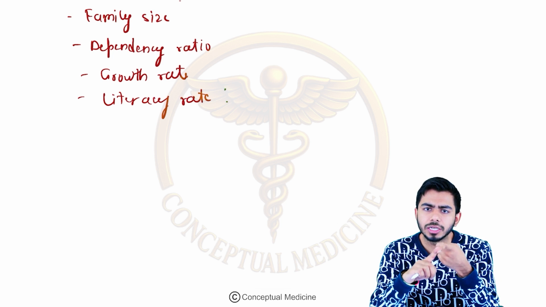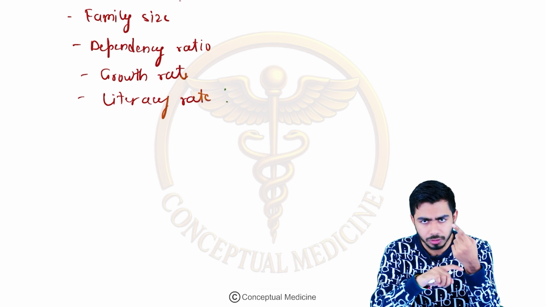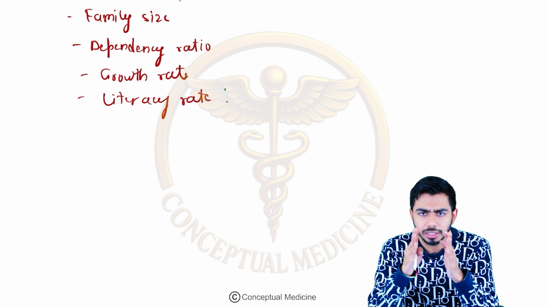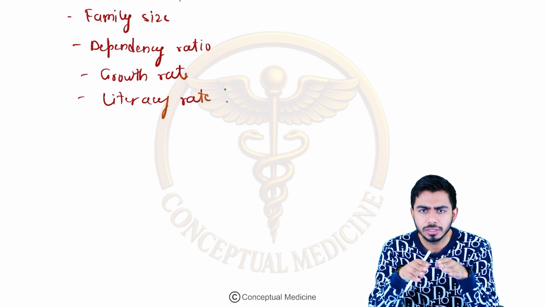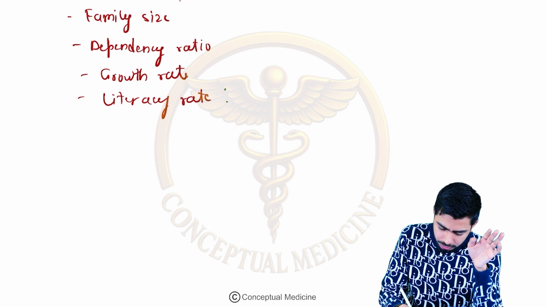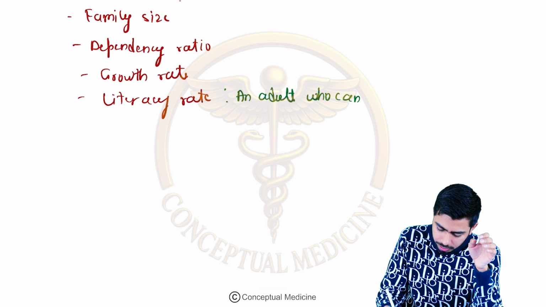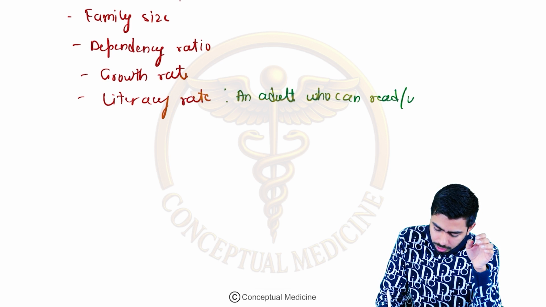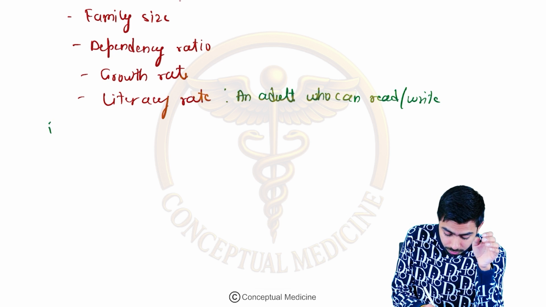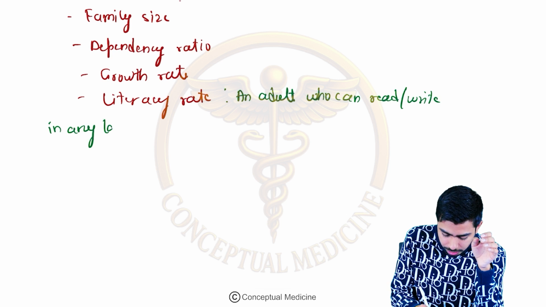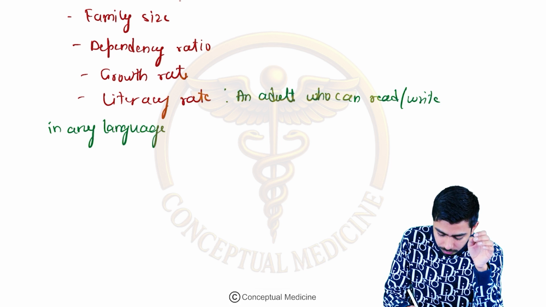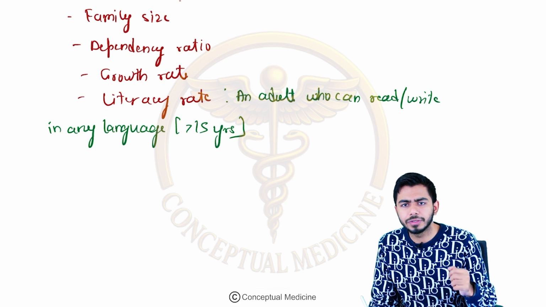If an adult can read or write in that particular language, and the age is more than 15 years, then it is called the literacy rate, right? So an adult who can read or write in any language, more than 15 years.